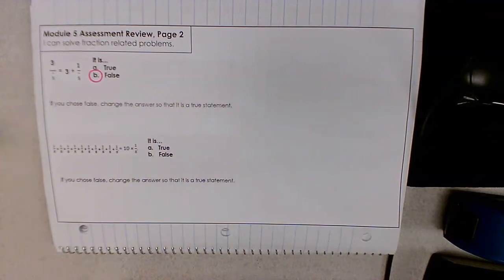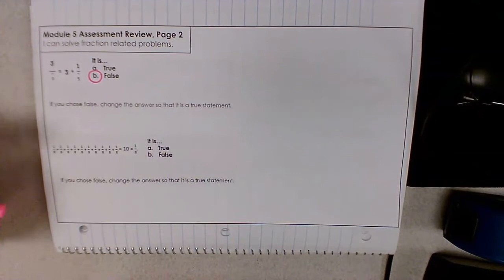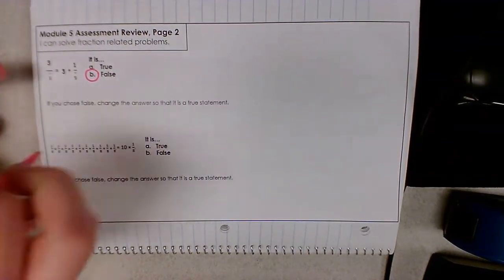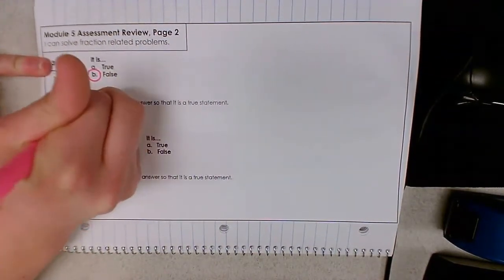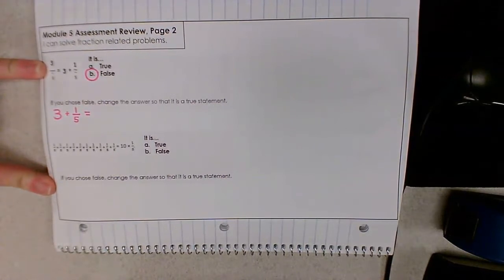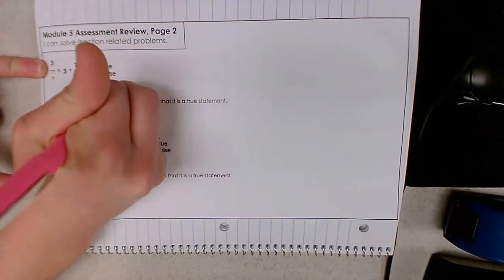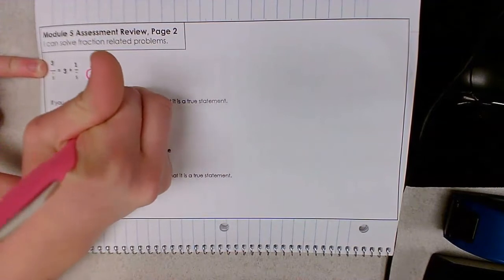And there's actually 2 ways that we can do this. What I notice is whoever wrote this statement, they were mixing up their addition and their multiplication rules when we have a whole number and a fraction. So we can fix this by correctly adding, or we can fix this by correctly multiplying. If we correctly added a whole number plus a fraction, 3 plus 1/5 would give us the mixed number 3 and 1/5.